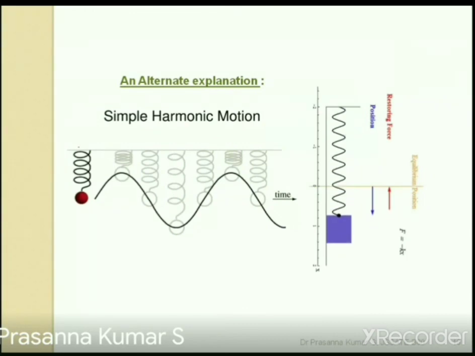This is a simple harmonic motion and it is represented by a sinusoidal wave. F is equal to minus kx. Let's look at this diagram, there is a red one and blue markings. The blue represents the position of this swinging particle. You see it goes to the maximum, and x on the other side goes to the maximum, but the restoring force is working in the opposite direction.